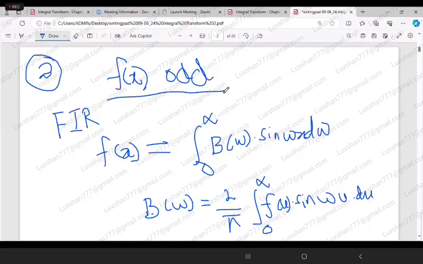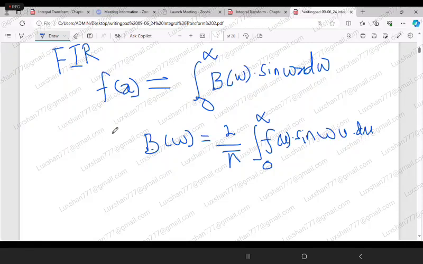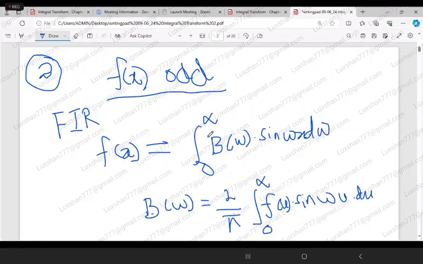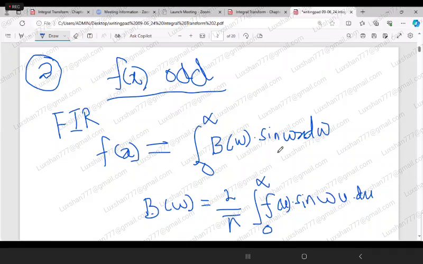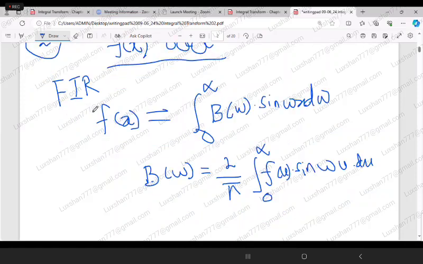So when f is odd, this is called the Fourier sine integral representation. Therefore, if the function is an odd function, the Fourier integral representation becomes the Fourier sine integral representation.